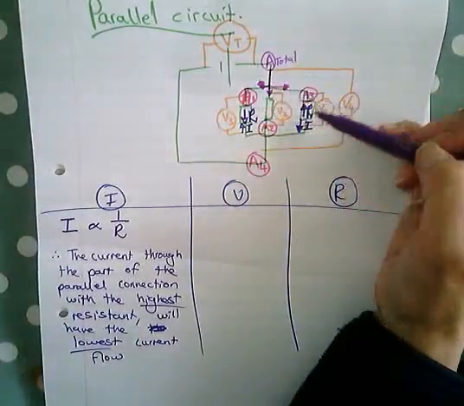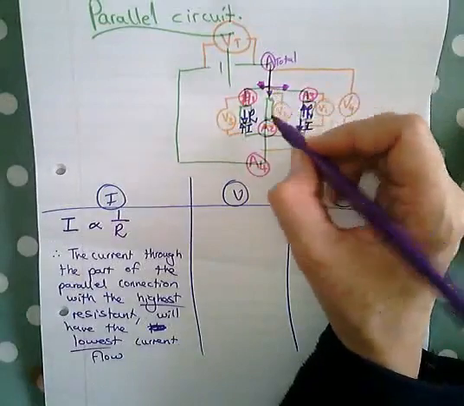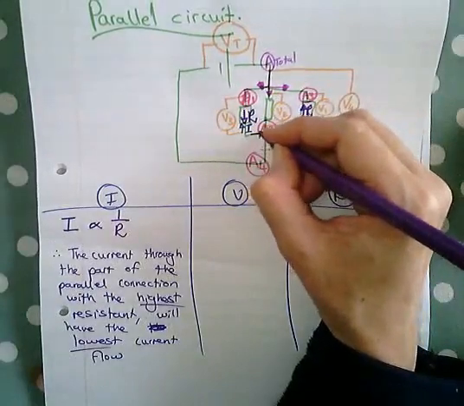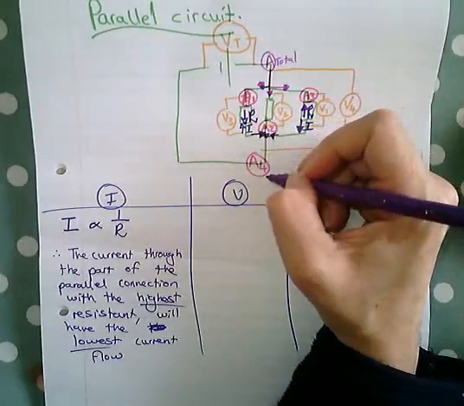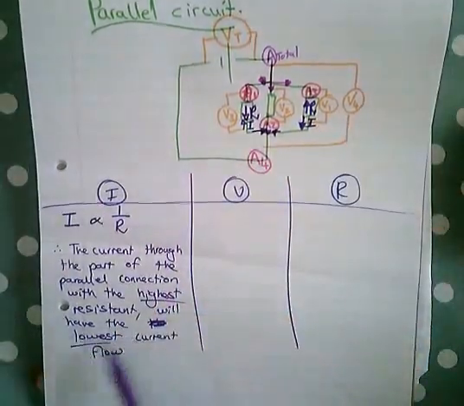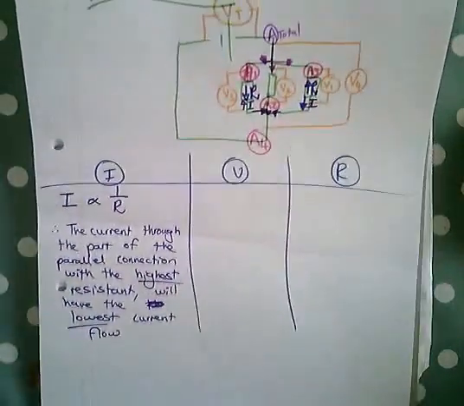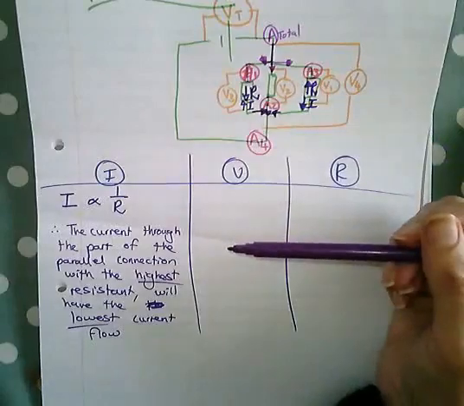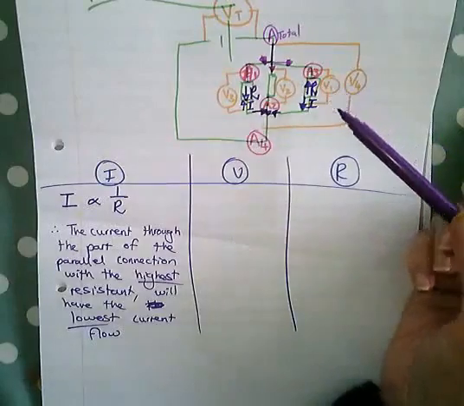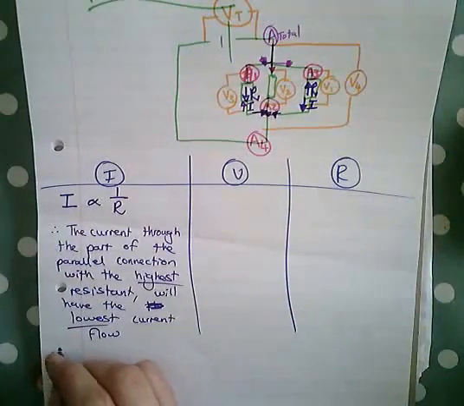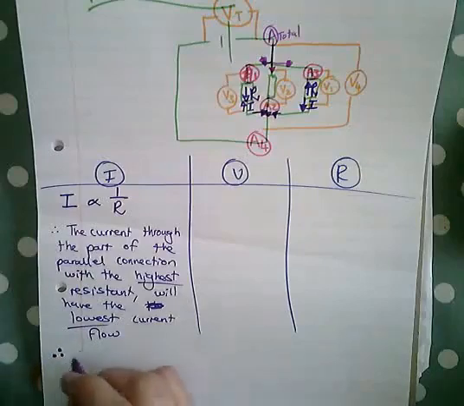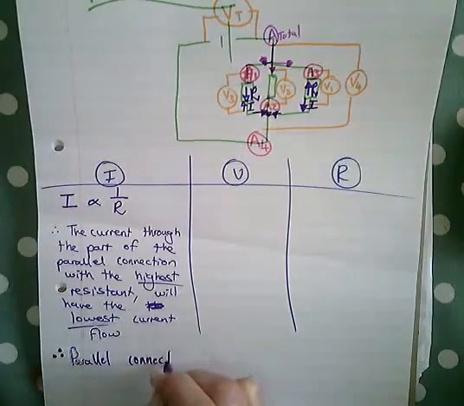Where these three connections get back together, the current gets back together again. So current is inversely proportional to the resistance in a parallel connection. So in other words, a parallel connection acts as a current divider.